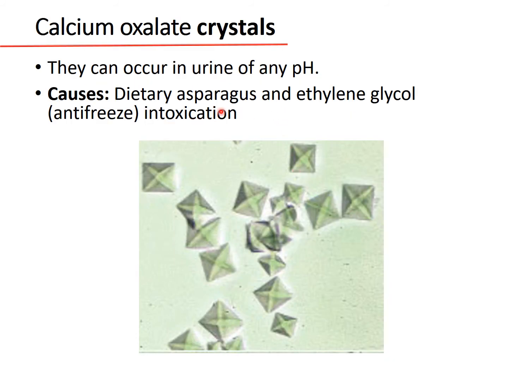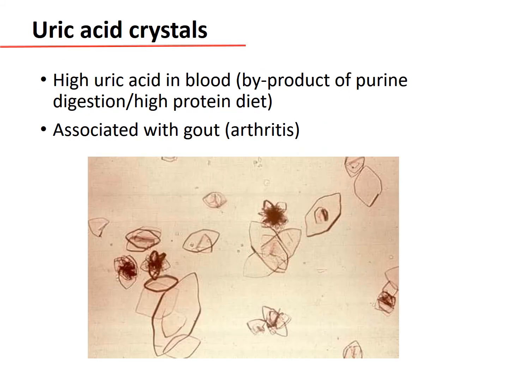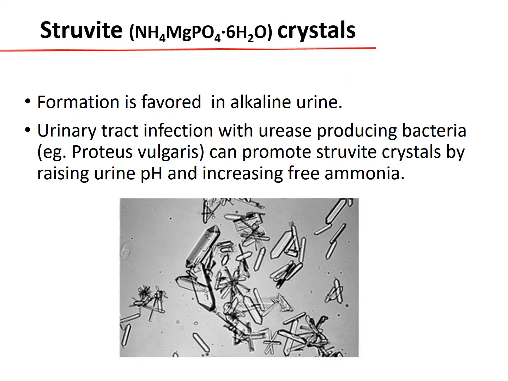Calcium oxalate crystals. They can occur in the urine of any pH, usually due to diet, for example asparagus, or ethylene glycol intoxication. Uric acid crystals. High uric acid in the blood, a byproduct of purine digestion, high protein diet, could be associated with gouty arthritis. Struvite crystal. Struvite crystal is a magnesium ammonium phosphate salt.